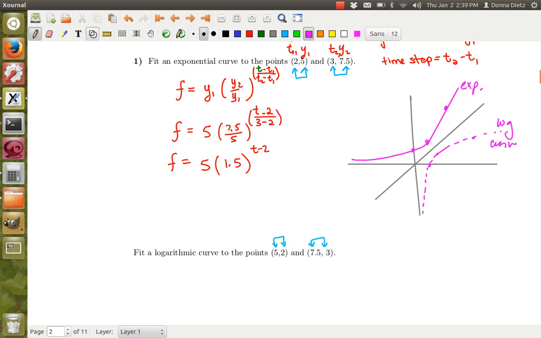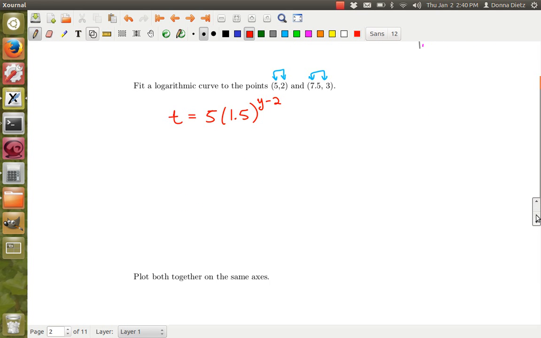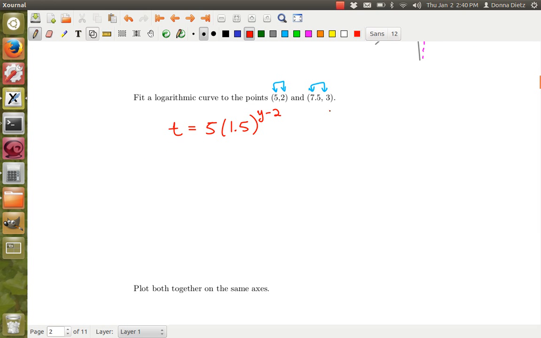If I want to find the log curve, it's just the inverse of the other one. So I'm just going to put t over here. This is the same set of steps we always go through when we're trying to solve for an inverse: swap the two variables and solve again. For any inverse, I'm going to swap the variables and solve for the one that isn't already solved for.